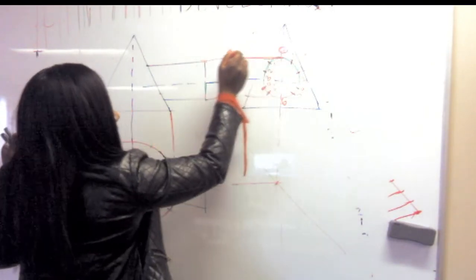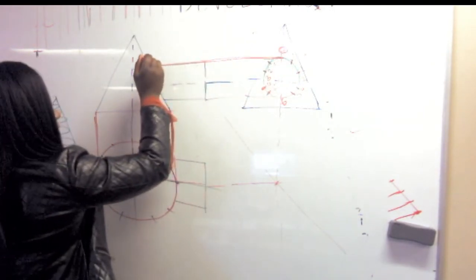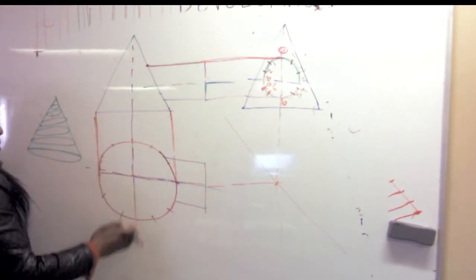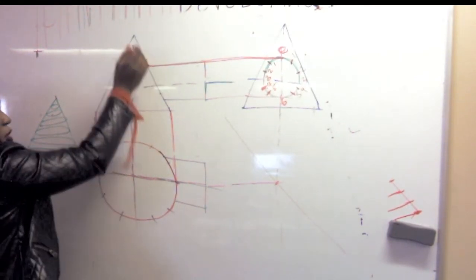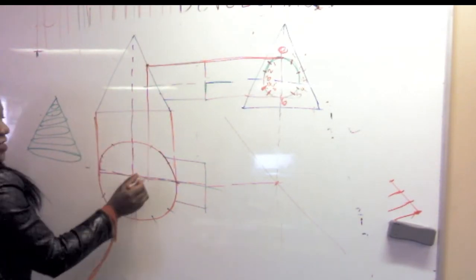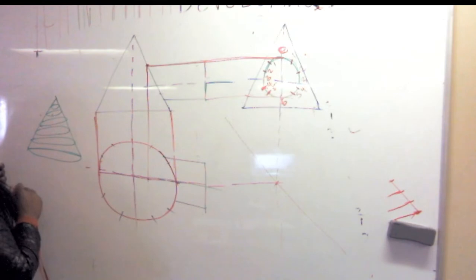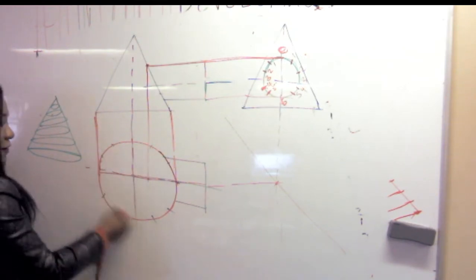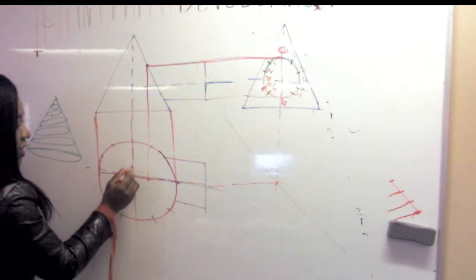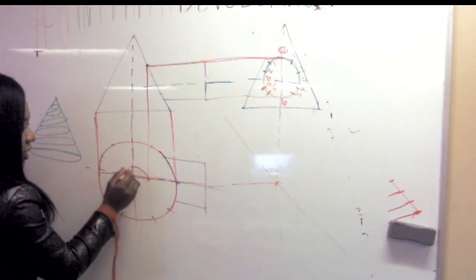Bring 0 here until where it hits there. You see where it hits there? When it hits the cone here, bring the line straight down until the center line here. Because you know that the base of the cone is circular, at that point you are going to draw a circle from the center to here.